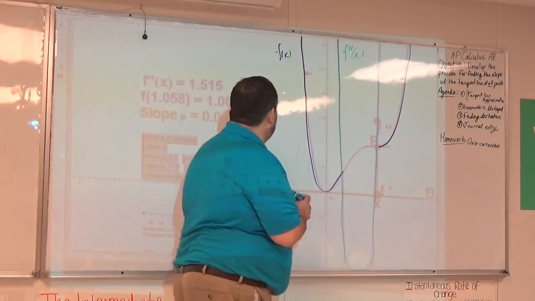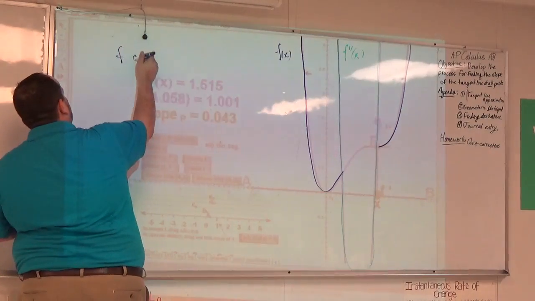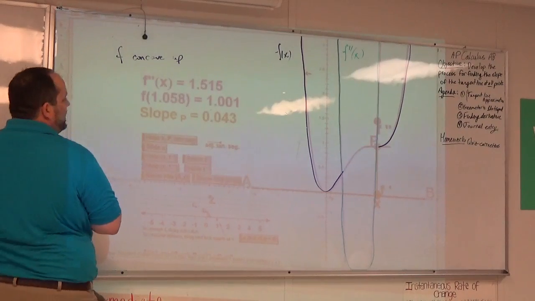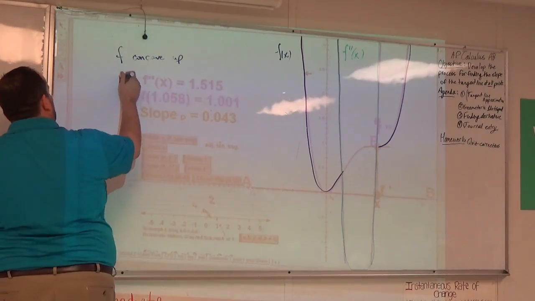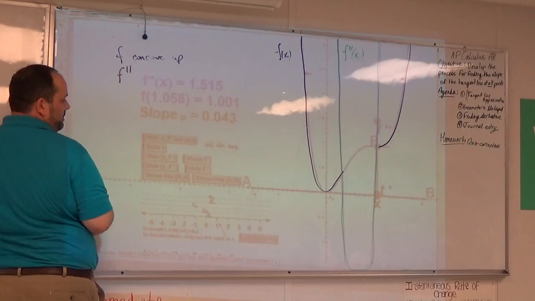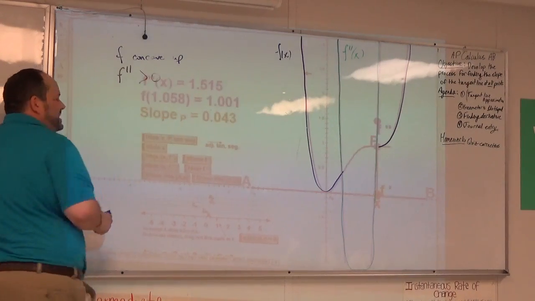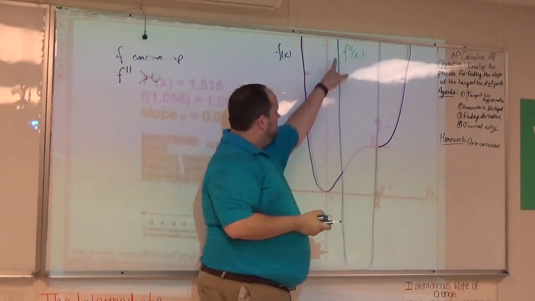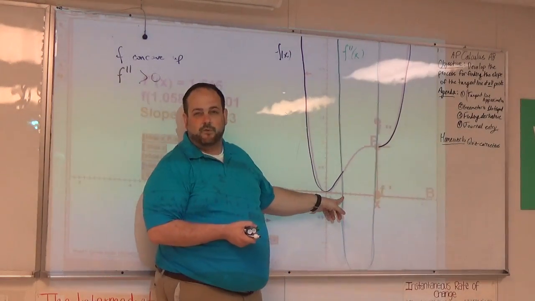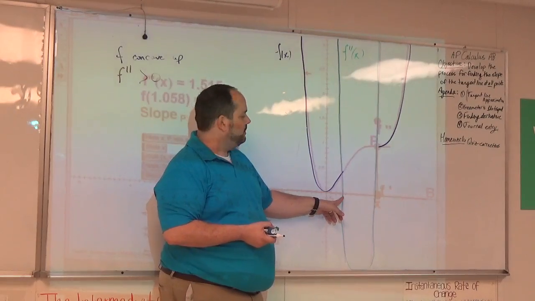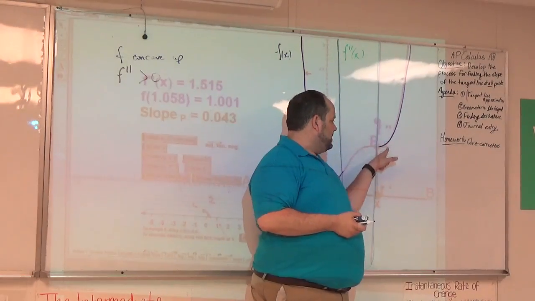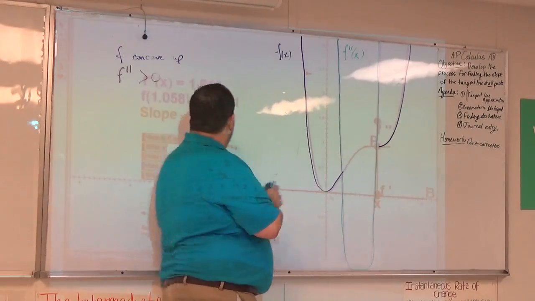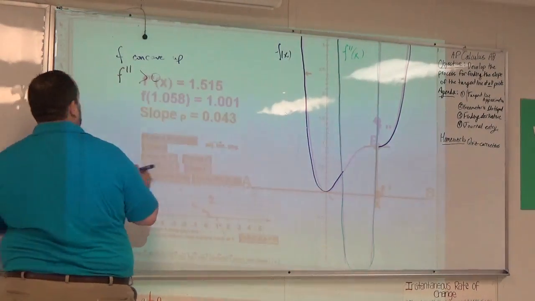What's happening is that if f is concave up, then f double prime is positive. You're above the x-axis, and unfortunately the colors are not working so well for us right now. f is concave up, green graph is positive again. I know you guys are good pattern matchers here.